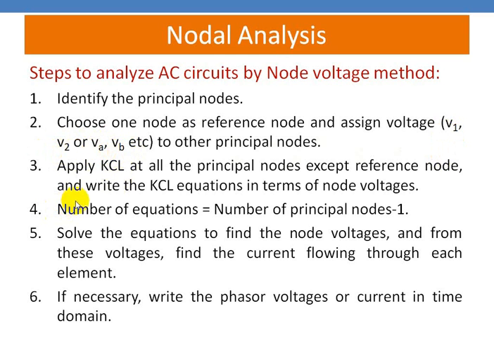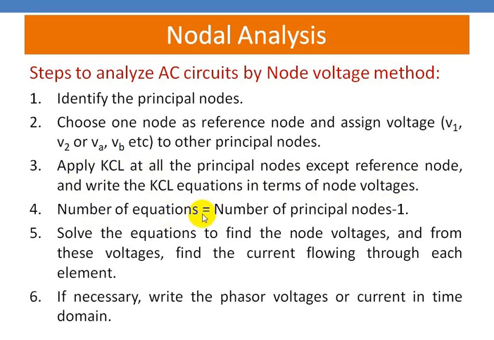Then we have to assume current directions at each node and apply KVL to all the principal nodes except reference node, and we have to write the KVL equations in terms of node voltages.